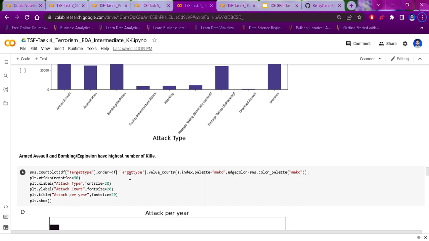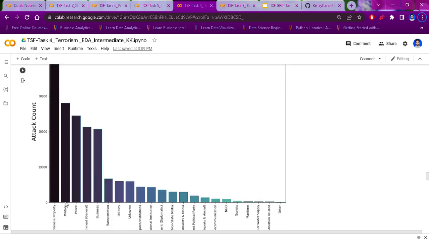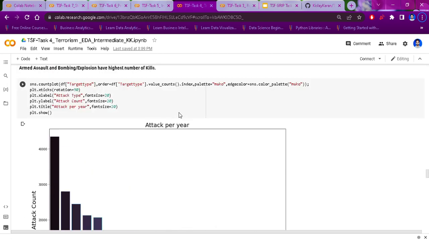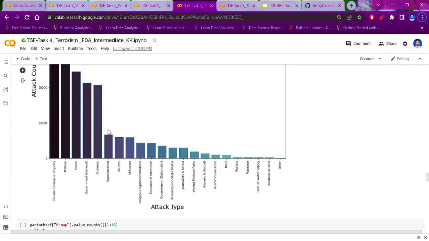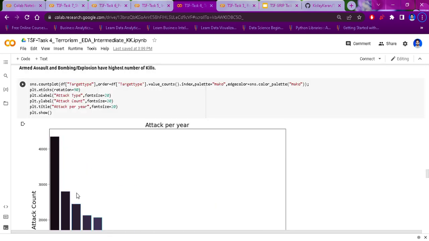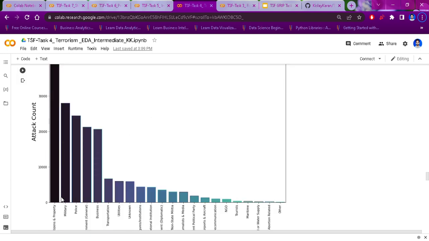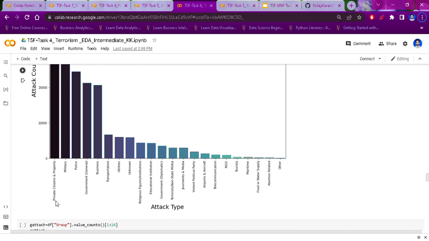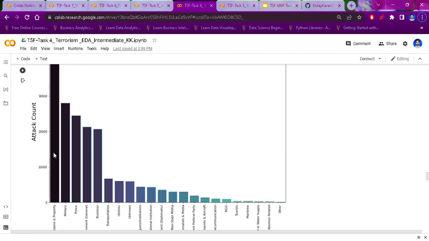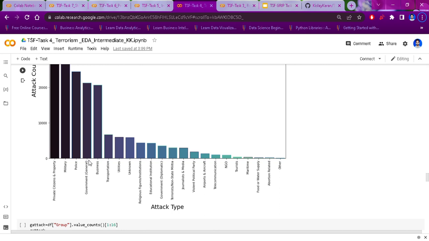Next we move ahead with the attacks per year, which will be based on the type of attack performed. Year wise, we'll be seeing that attack count was mostly for private citizens and property, followed by attacks on the military, then police, and then government structures basically.